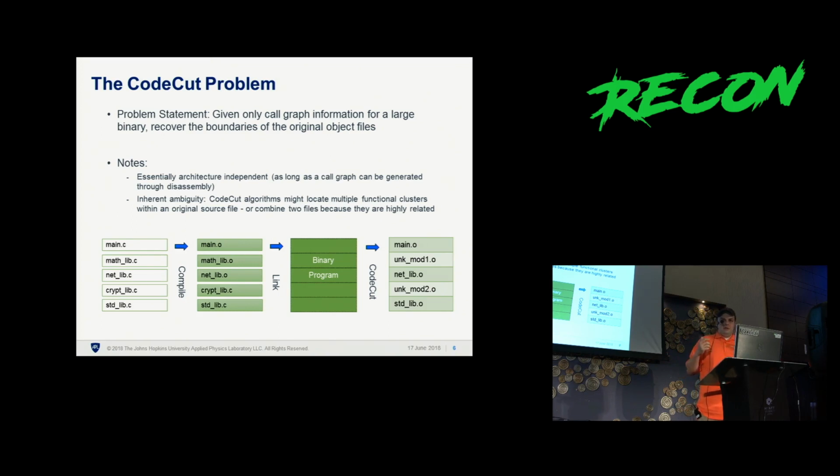What you're trying to do here is find clusters of functionality. If the developer organized their code well, if it's well architected, then that should more or less correspond to the object files. But maybe, maybe not. You're at the mercy of the design of the developer, is what I'm trying to say.